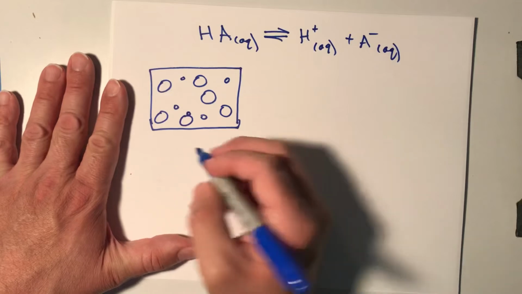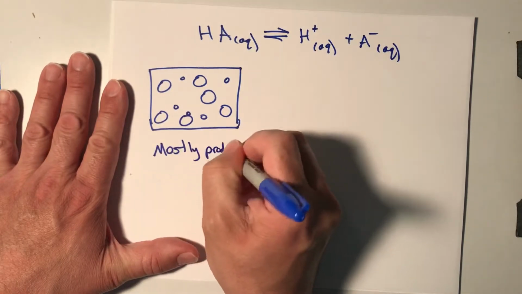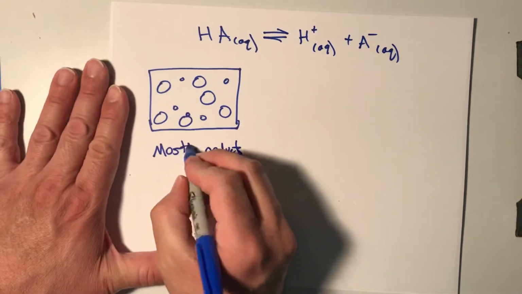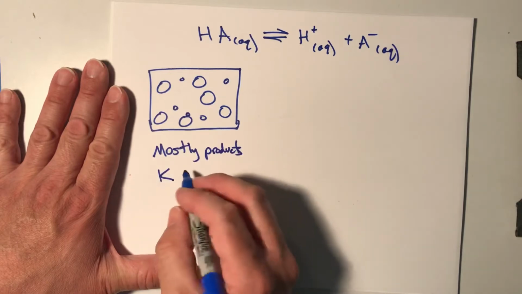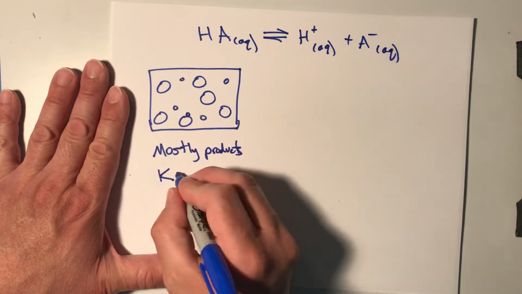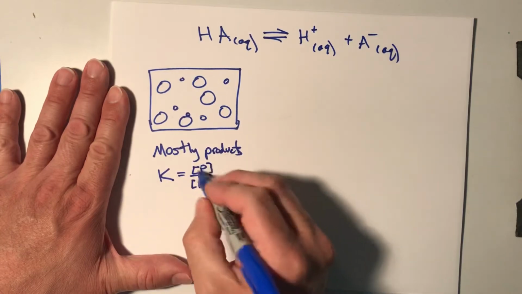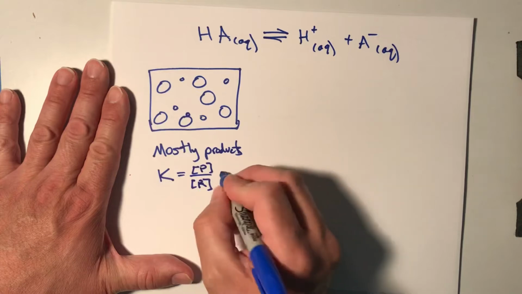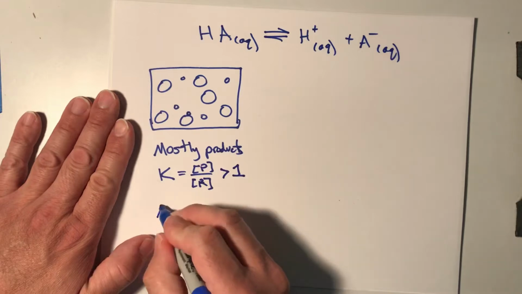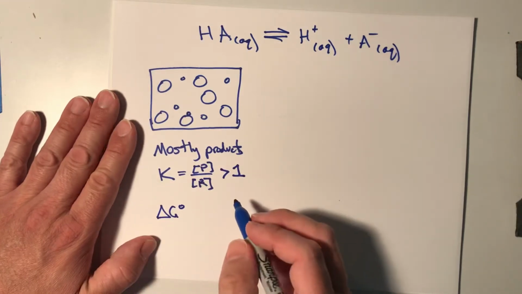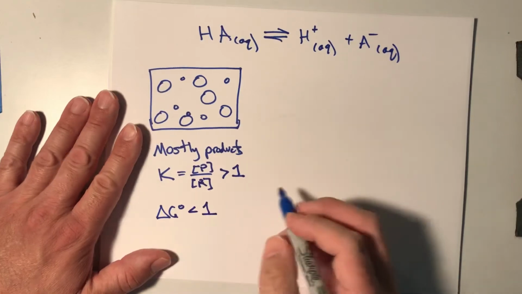So this would be a case where you have mostly products. Going back to our interpretation of the equilibrium constant, remember that K is products over reactants. If we have mostly products, a large number over a small number, this value is going to be greater than 1, so a K greater than 1. What we're going to find is that the delta G naught for this reaction, when we calculate it, is going to be less than 0.